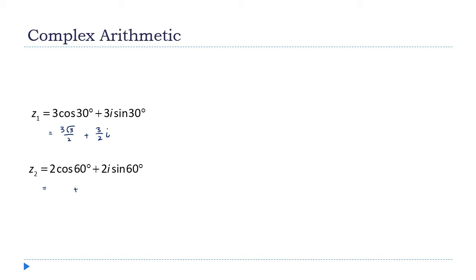So this is 2 times a half, which is 1, plus 2 times sine 60, that's the square root of 3 over 2. So this is the square root of 3i. I want to multiply these things together. If I did it the old-fashioned way with the FOIL business, I'd have all those square roots of 3 to keep track of, and then you've got the i squared, and you have to make that minus 1.